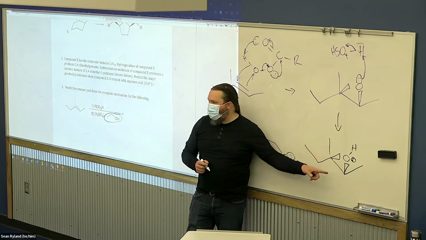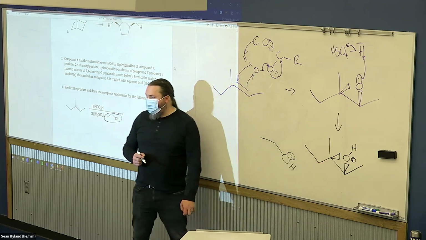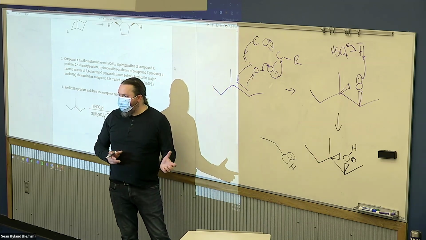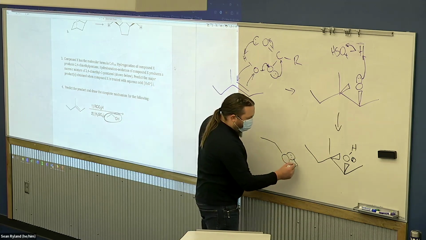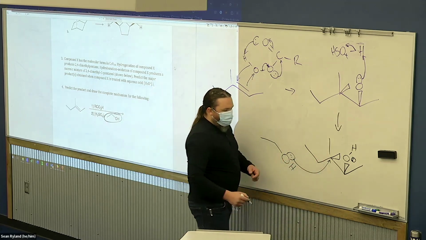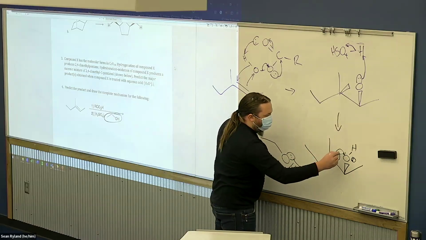Because it's got this strained ring structure, it is still a little bit more planar than it normally would be. So it's still Markovnikov-ish, where we're going to come in and attack the more substituted carbon because that's the easier bond to break.